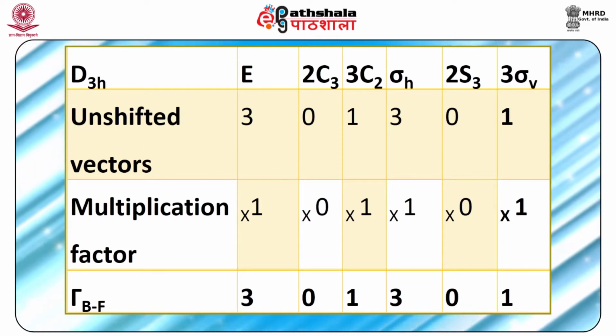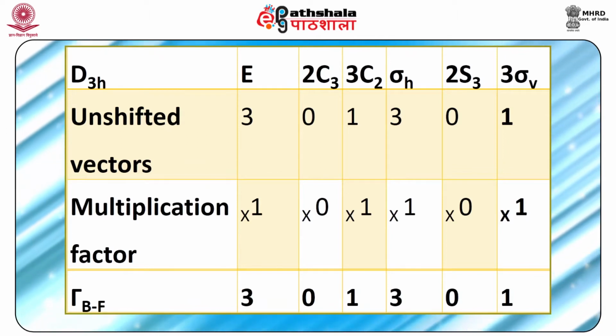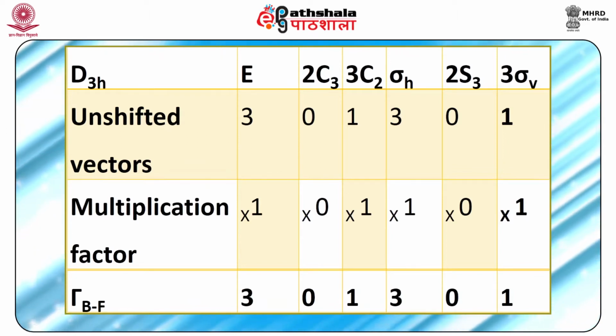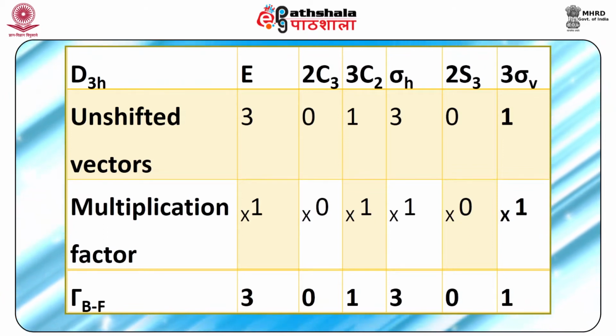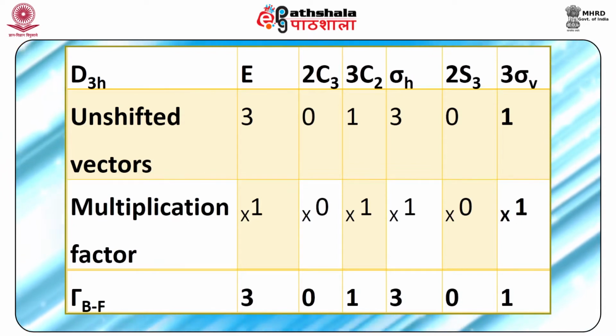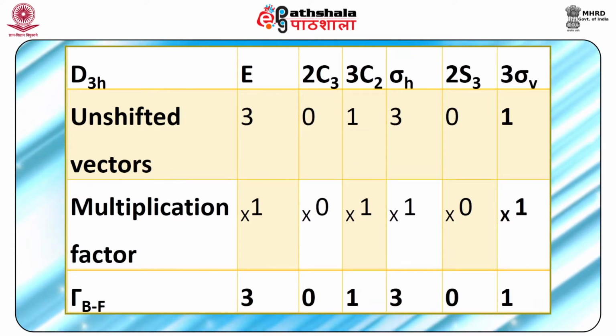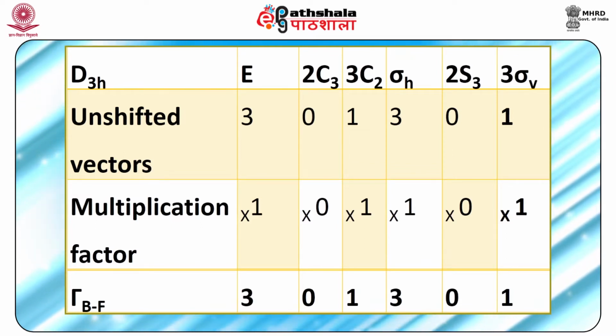R1, R2, R3 are given in the table, that is, how many bond vectors are unshifted. Under E, all three bond vectors are unshifted. Under C3, all are shifted. Under C2, only one is unshifted. Under sigma h, all three are unshifted. Under S3, all are shifted.